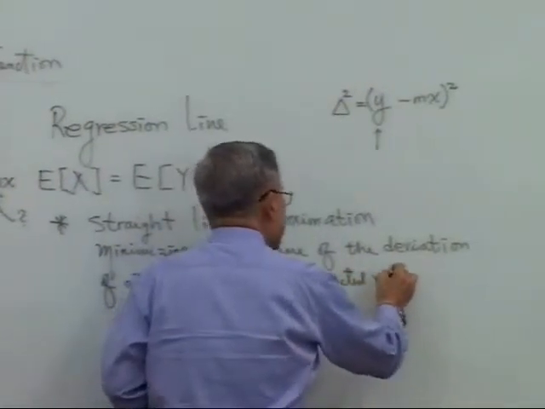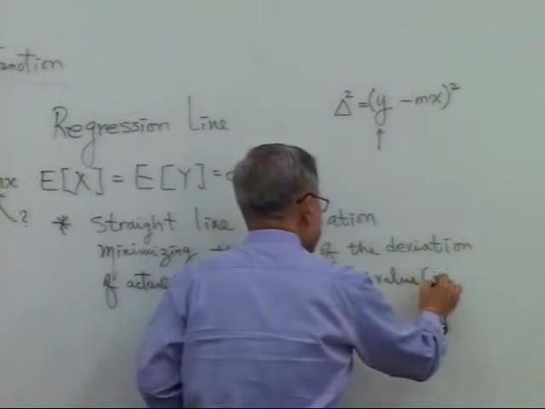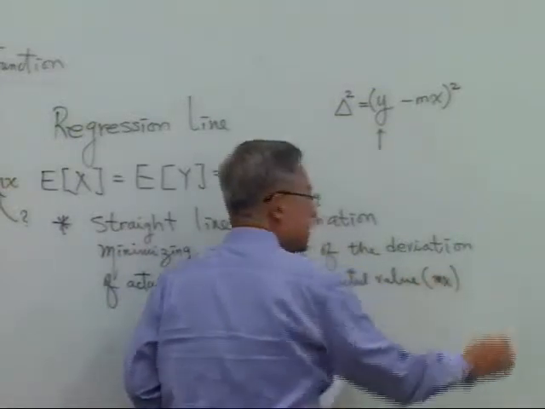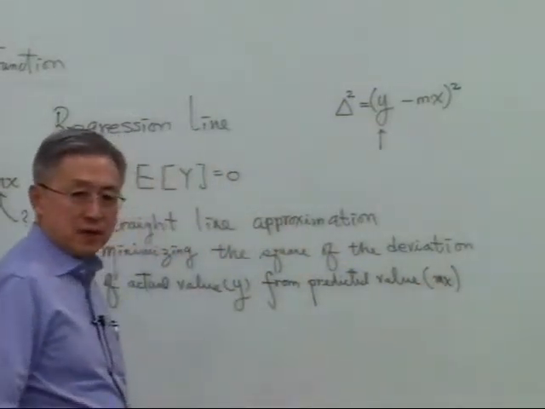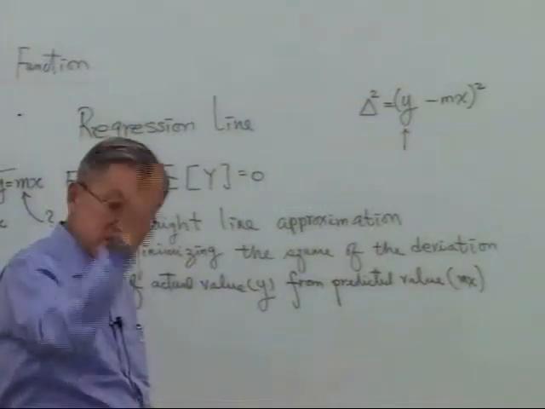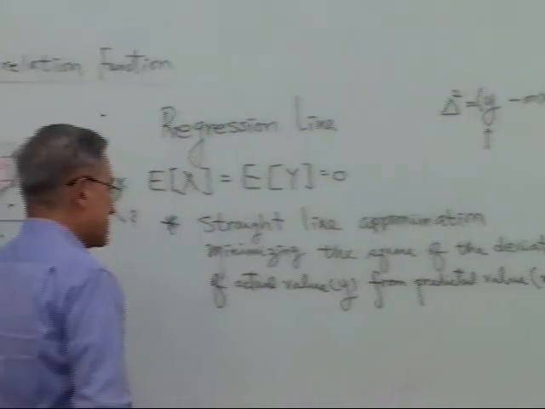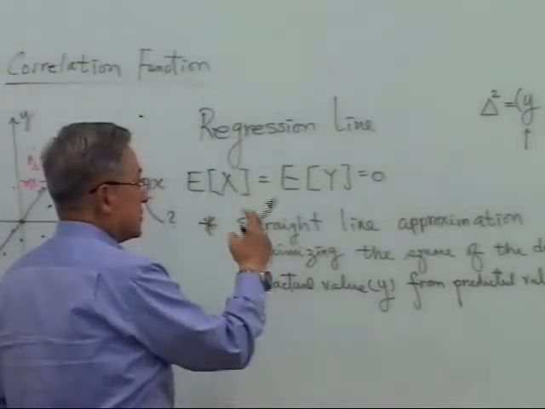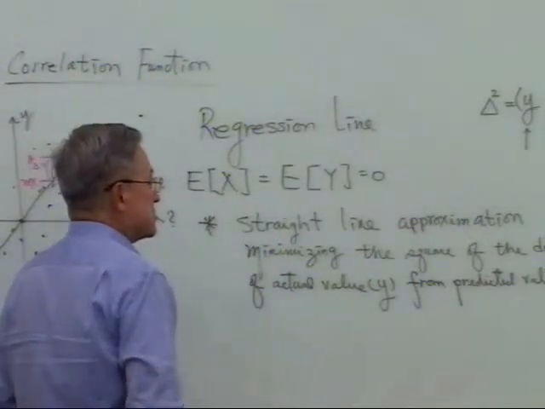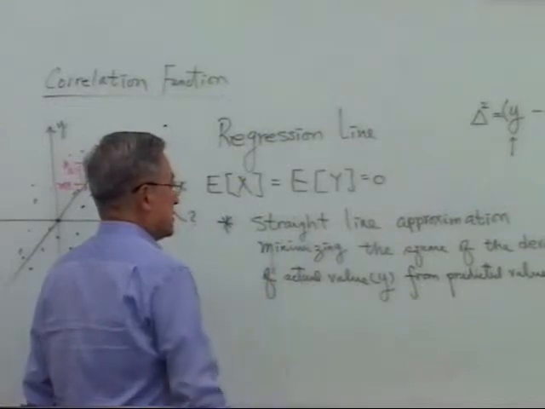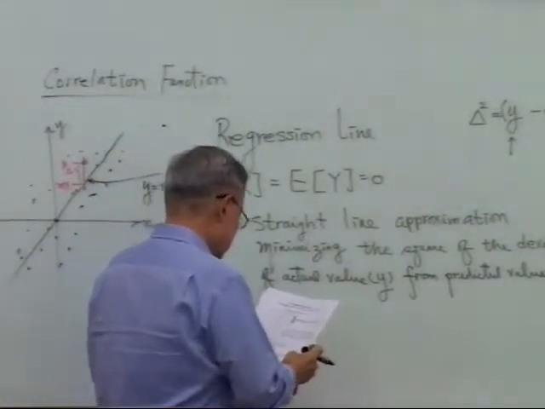To be predicted, simply speaking, y is equal to mx, which passes through the point along the line mx. So that's what the delta is, a deviation. Then I'm going to square it.